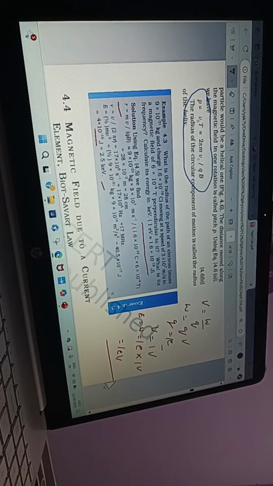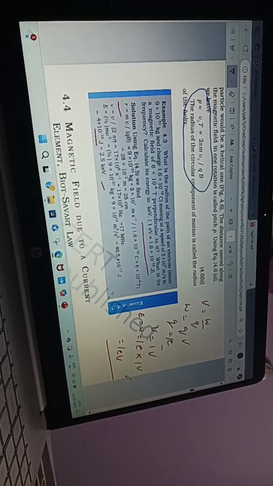Tell me the 1 electron volt definition. Sir, 1 electron volt is the velocity of electron when it moves through 1 volt potential. Listen carefully. No. 1 electron volt is the energy of an electron when it moves in the potential difference of 1 volt.